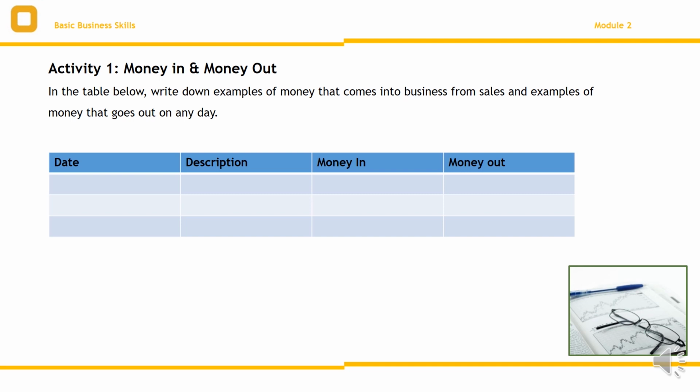This allows you to track the various money coming in and out of your business on a day-to-day basis. So you can use this activity to look at money out and money in on any given day within your business.